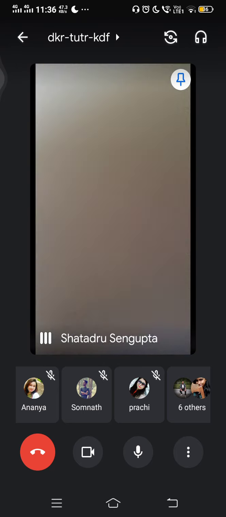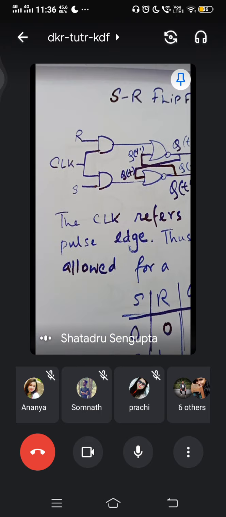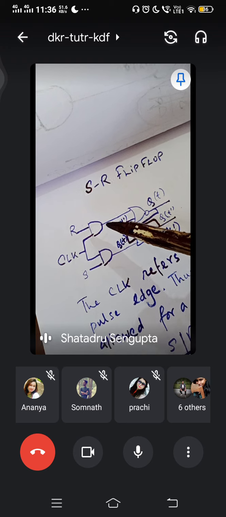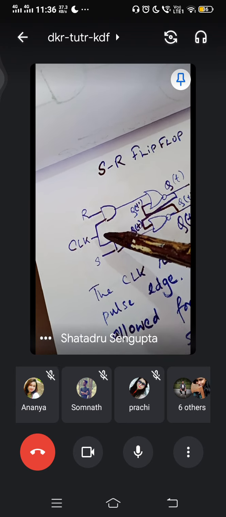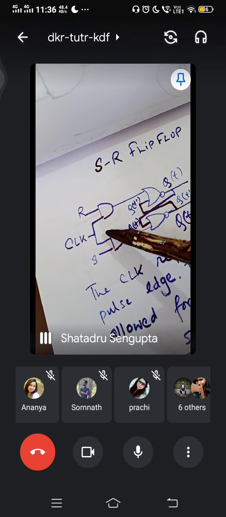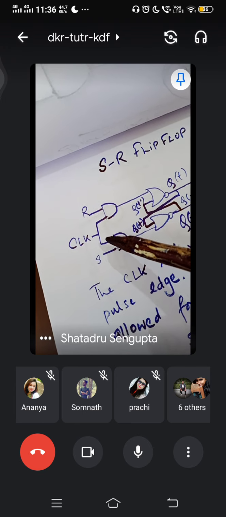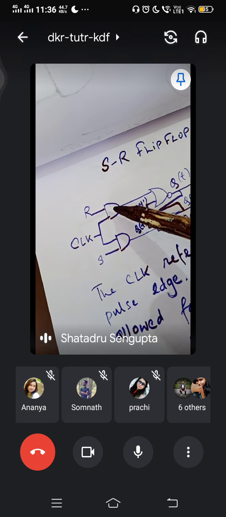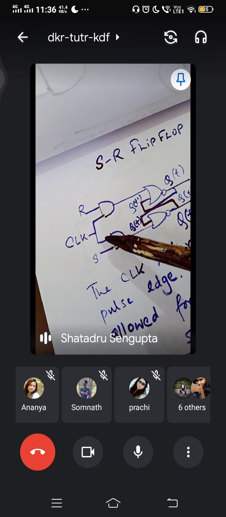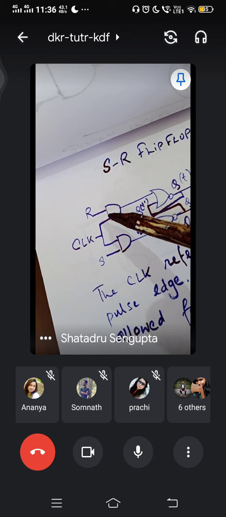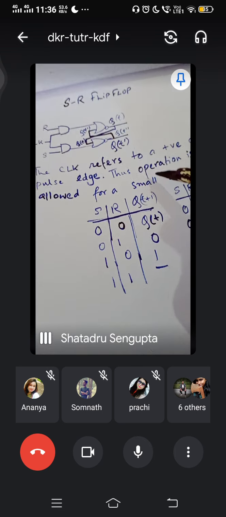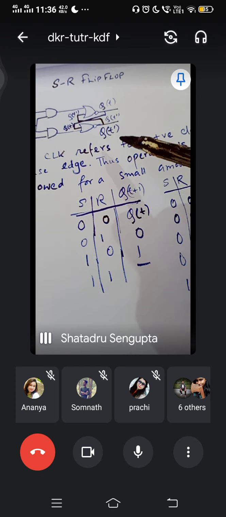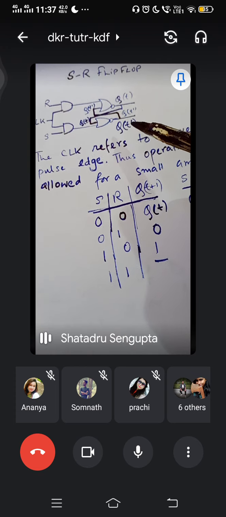And as you know, a set reset latch works when the enable signal is 1. So this is connected to the positive edge of the clock. For a brief period of time, the signal is 1 because of the rising edge, and the flip-flop works very similar to the SR latch.